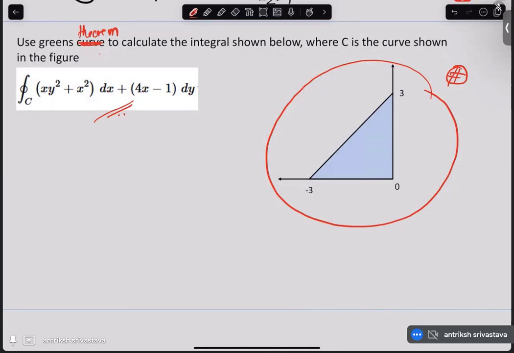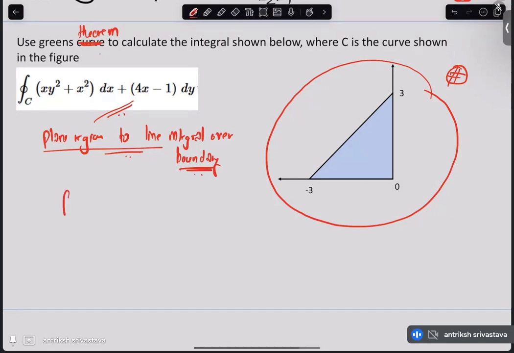All right. What does Green's theorem tell us? Basically, we use Green's theorem to transform the integral in a plane region to a line integral over the boundary. And what does the theorem look like?